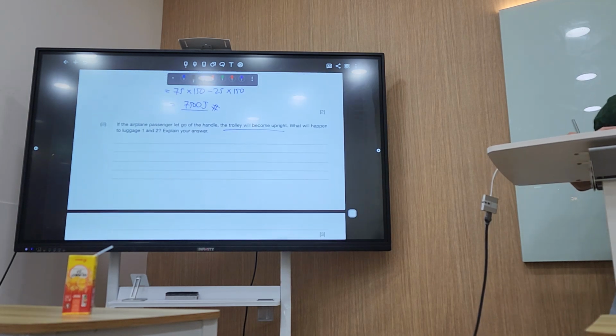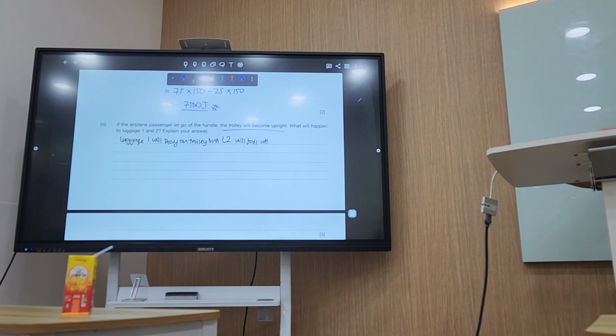Okay, we will say that firstly, luggage 1 will stay on the trolley. But luggage 2 will fall off. How are we going to explain it?